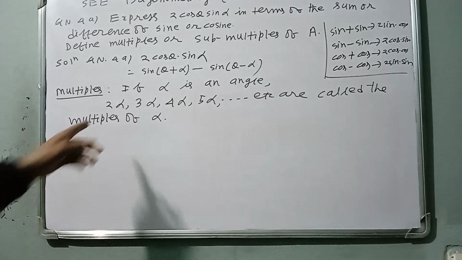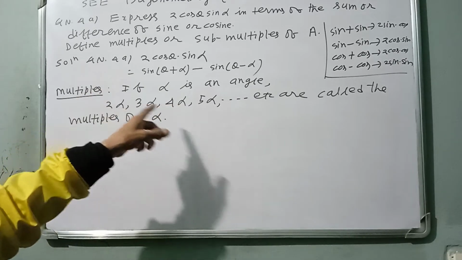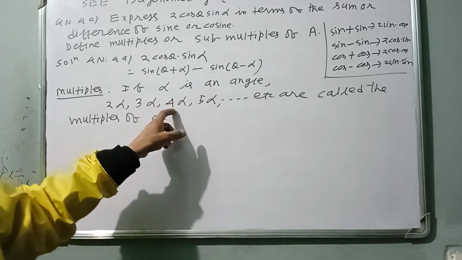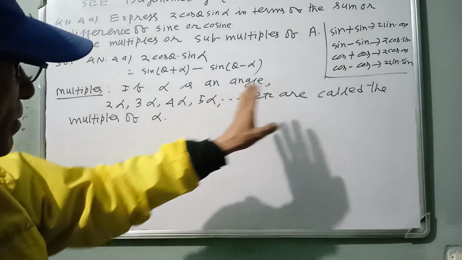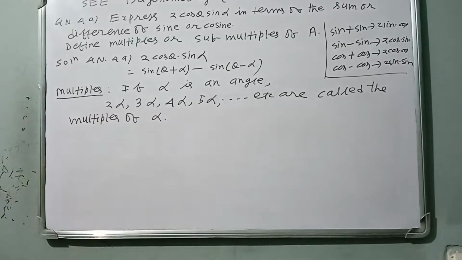Multiples means bigger angles. Alpha is any angle, then 2 alpha, 1.5 alpha, 3 alpha, 3.5 alpha, 4 alpha, 4.5 alpha, 5 alpha, 5.5 alpha, etc. bigger than alpha are called multiples.